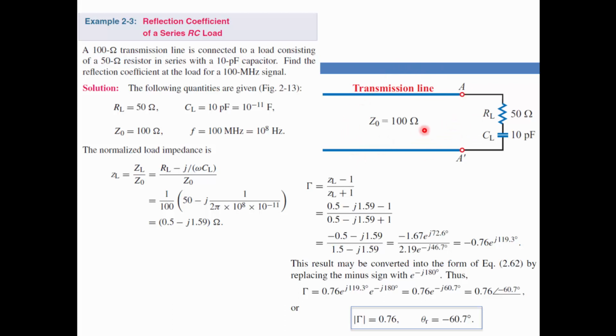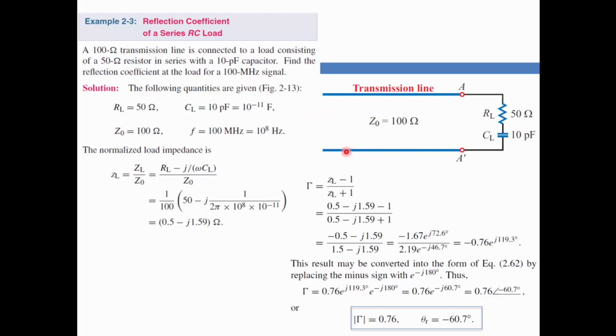So we have a characteristic impedance of 100 ohm for the transmission line, and a load with an impedance of 50 ohm in series with 10 picofarad. Of course, the electrical signal applied in this system operates at 100 megahertz.